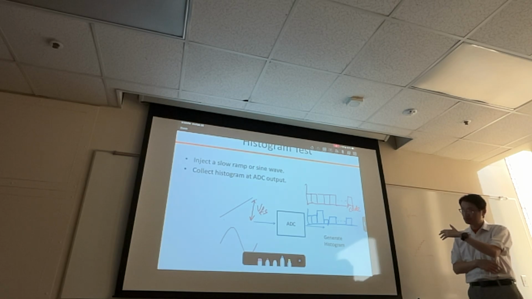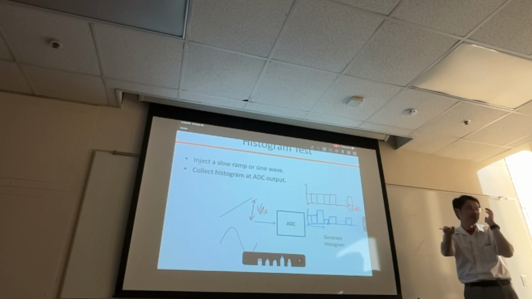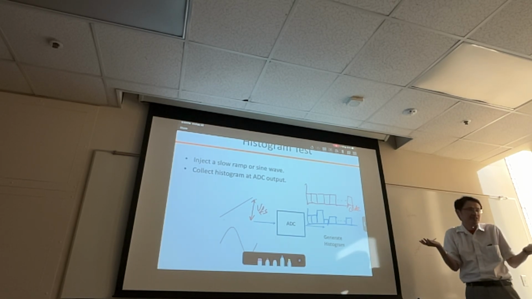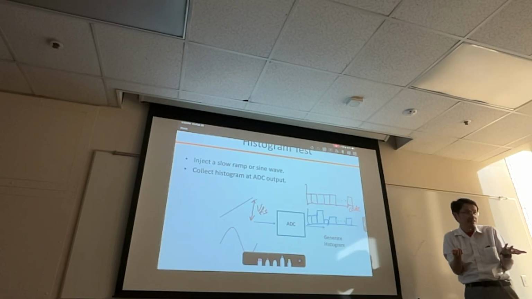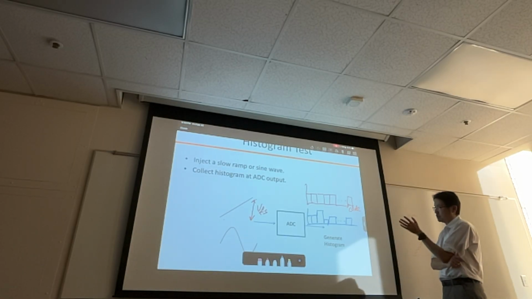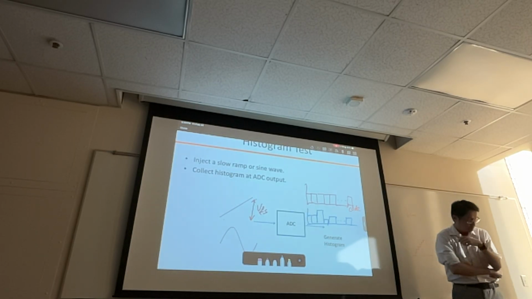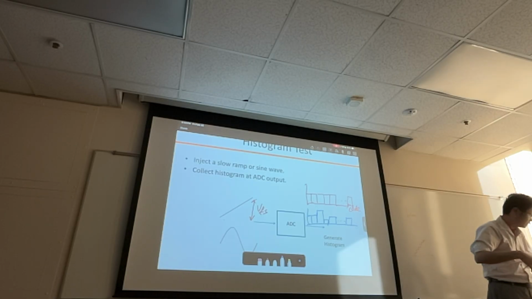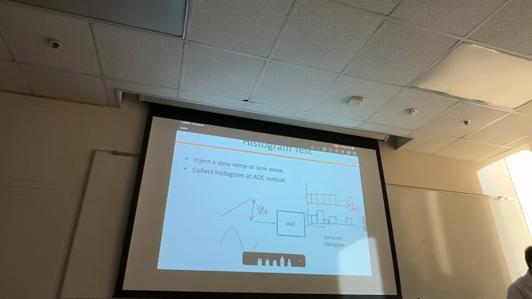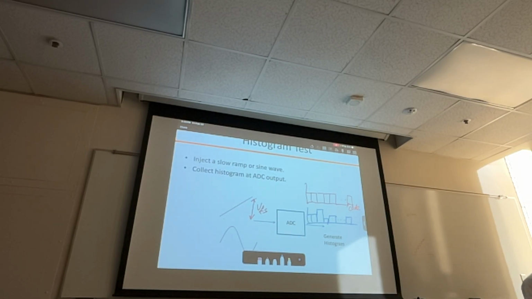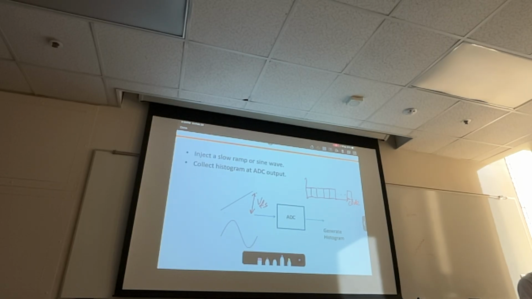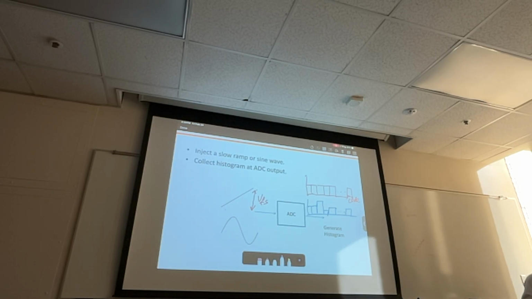Once you get DNL, you just do an integral, you just do a sum, and you get INL automatically. So you don't need to worry. You just look at DNL and keep summing from the first code to the current code. So you just look at the histogram at the ADC output, as long as you can send in a slow ramp input to the ADC.